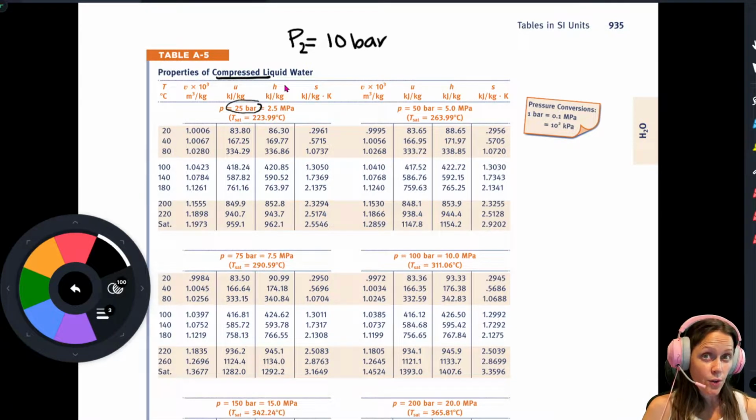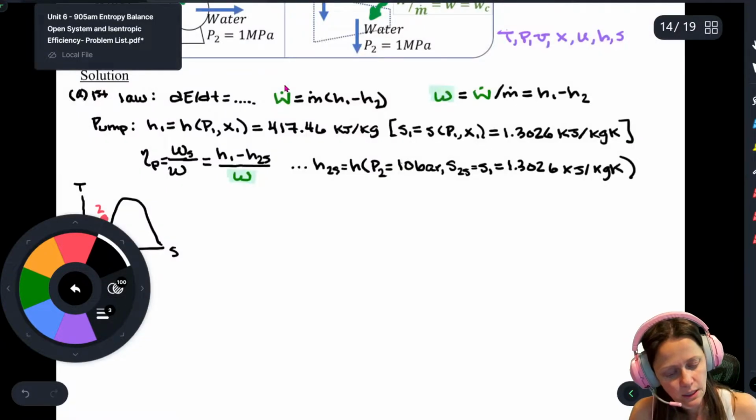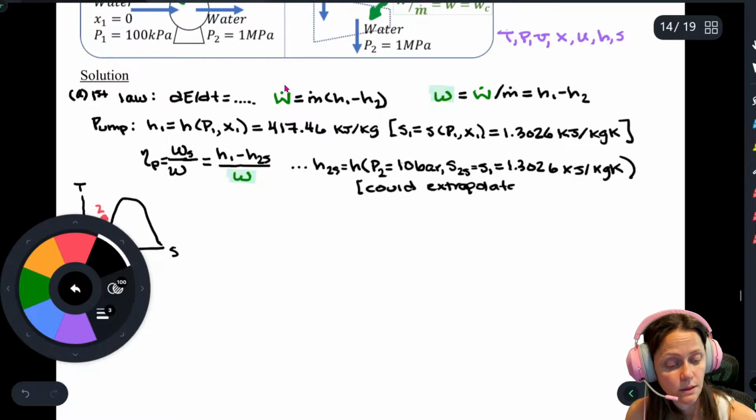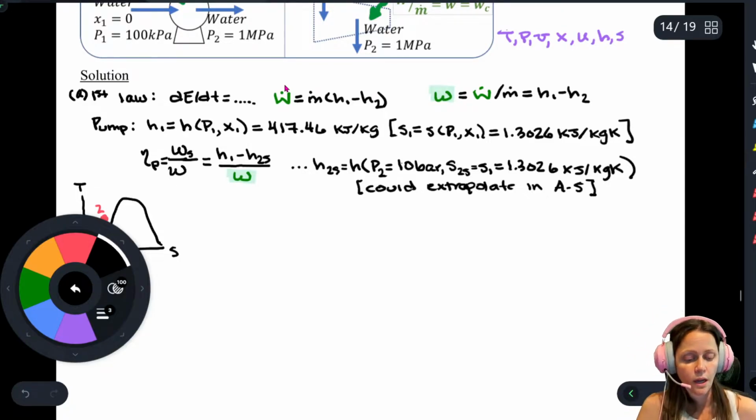And so I could extrapolate here, but I don't really want to because if you're interpolating between two values, it's going to be a little bit better than if you're extrapolating. But I'll put that as an option. So could extrapolate in table A5, those are the compressed liquid tables.